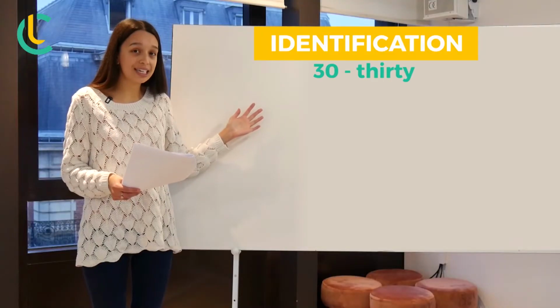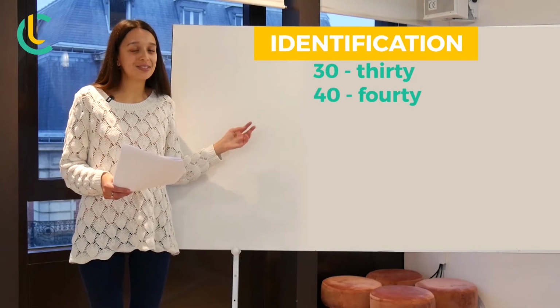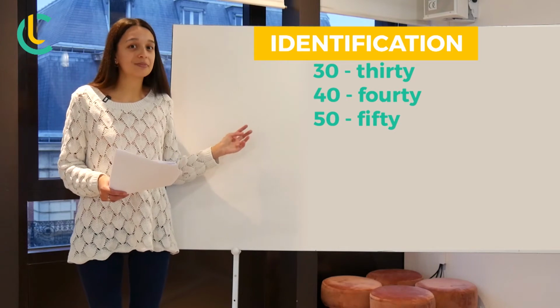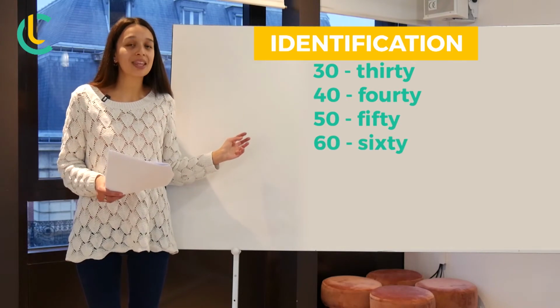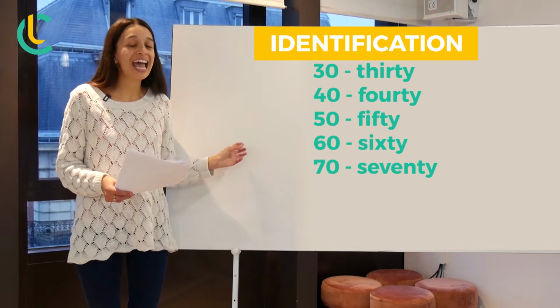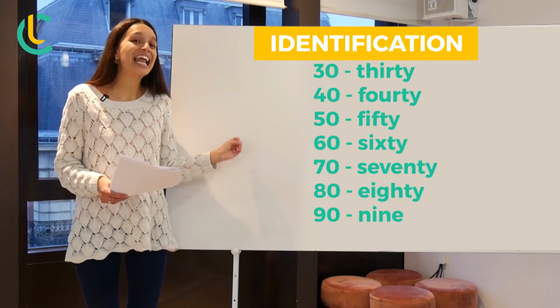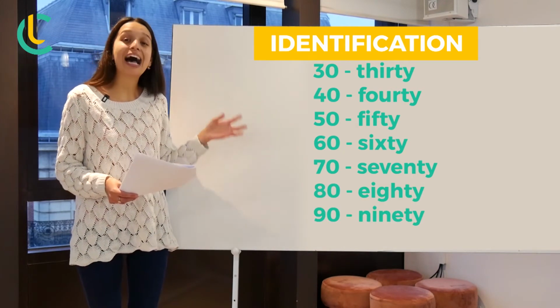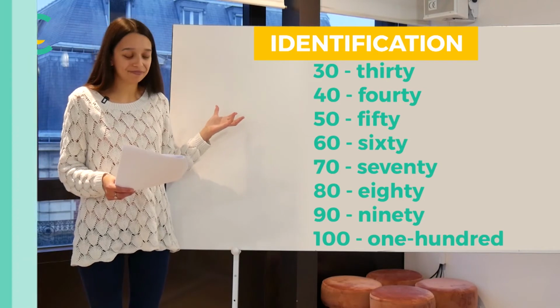So it's the same principle with 30, and after that we're going to go all the way until 100. So you have 30, 40, 50, 60, 70, 80, 90, and 100.